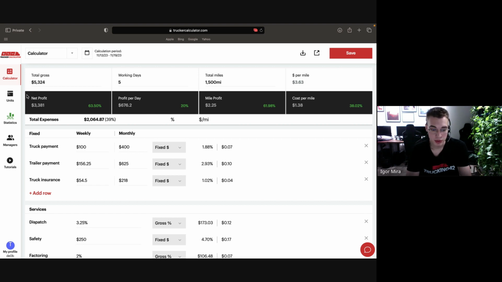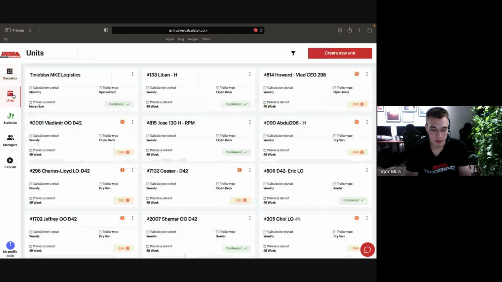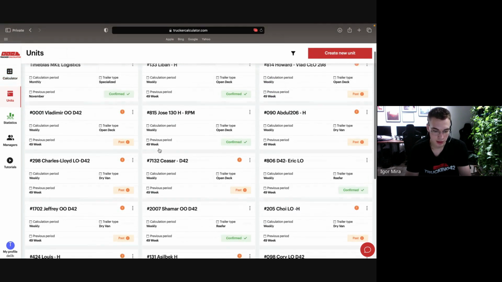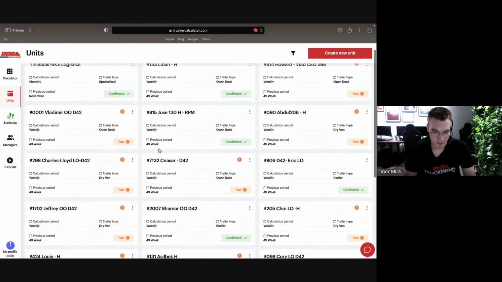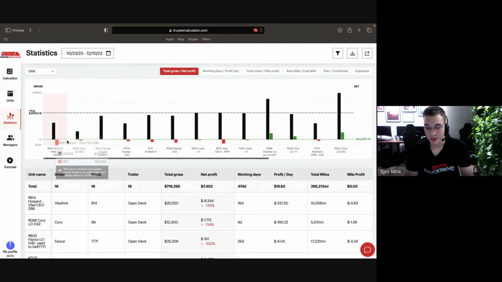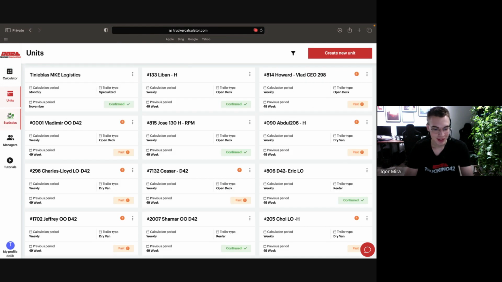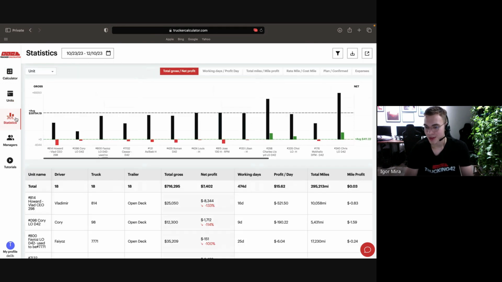But if you want to track your fleet in the system, like this owner, his name is Vlad by the way, you will have to create a profile to review statistics and consistently keep track of all the data in your units menu, because the numbers I have here come from the units menu over here. So yes, you have to register to use all the features we currently have. Okay.